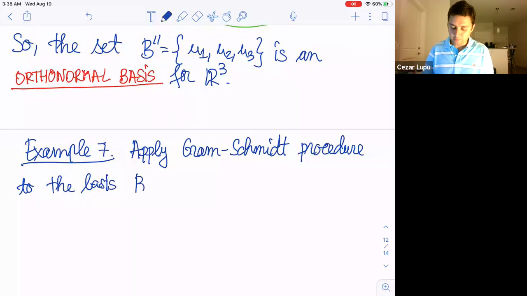And I'm going to consider the following basis. B will consist of these functions, 1, x, and x squared.